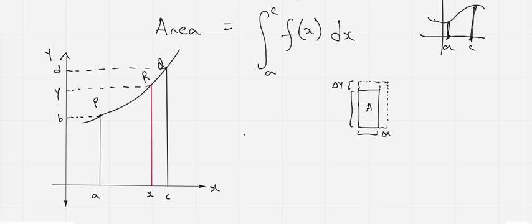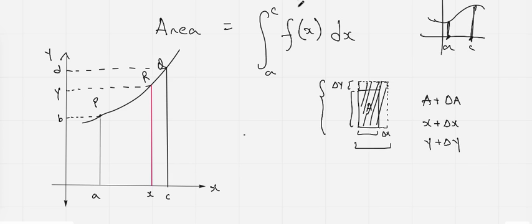So you see, this is going to be a new length, this is going to be the new breadth, and this overall rectangle is going to give me a new area, which is A plus del A. Are you getting it? So if the breadth has been increased a little by means of my del x, the length is also going to be increased, of course, in terms of my del y because of its connection with the curve.